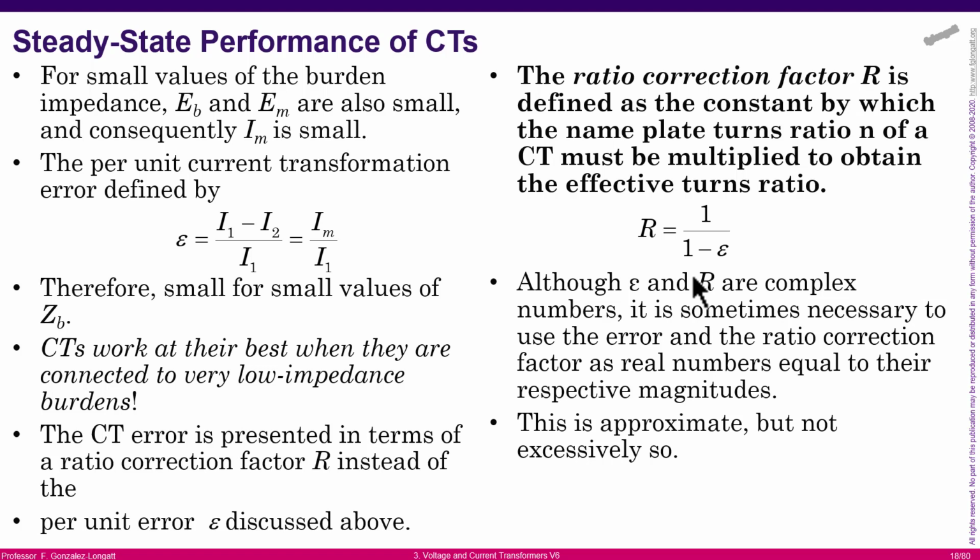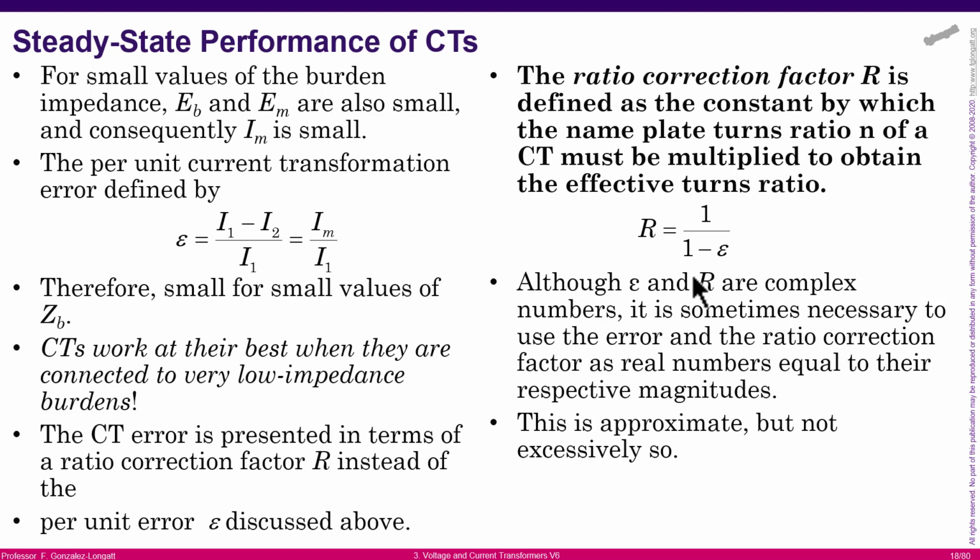It's called the ratio between the magnetizing current and the primary current. That is what we call the per unit current transformation error. It's a number that allows us to identify how good the transformer is transforming the current from one side to the other.